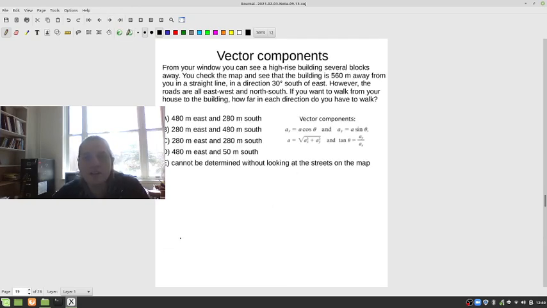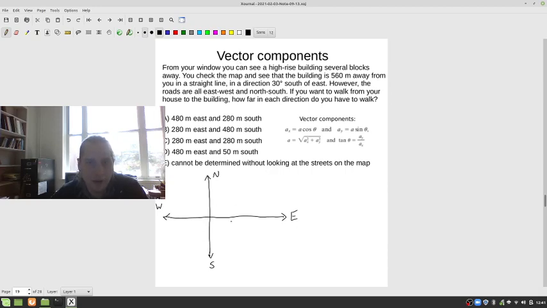Vector components is also sort of easy, but usually it will require a little bit of thinking and drawing a picture maybe. So let's do that in this case. From your window you can see a high-rise several blocks away.